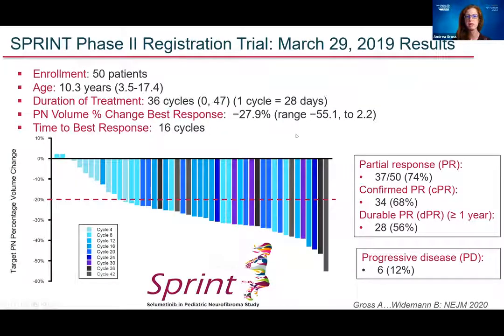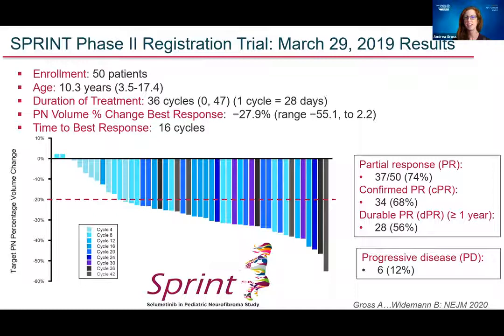As some of you in the audience may be aware, we published the results of the phase 2 trial of selumetinib in pediatric patients with inoperable plexiform neurofibromas about a year ago. The data cutoff, meaning the time at which we stopped collecting data for the publication, was March of 2019.